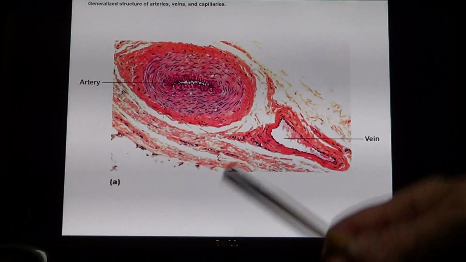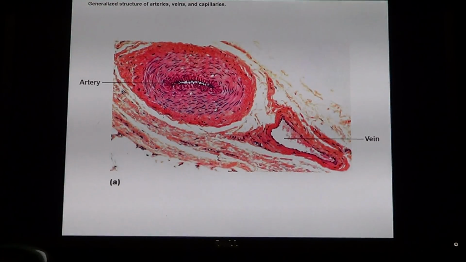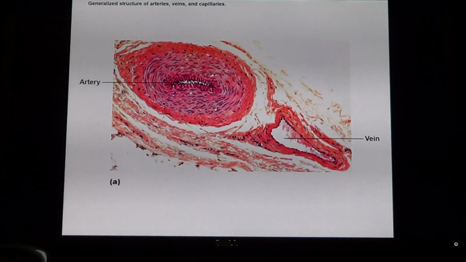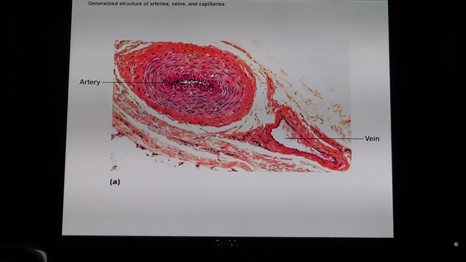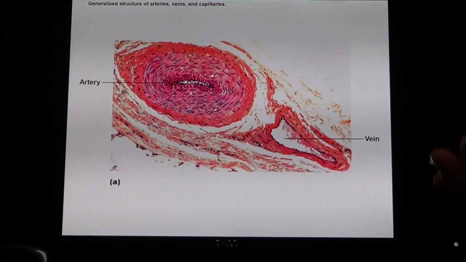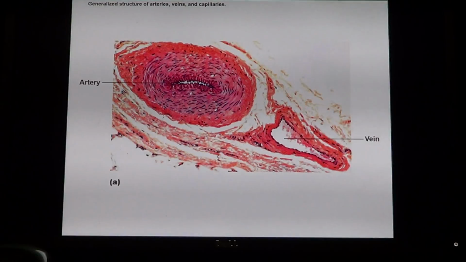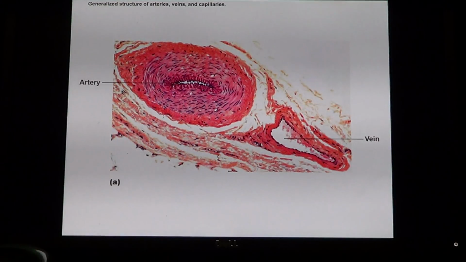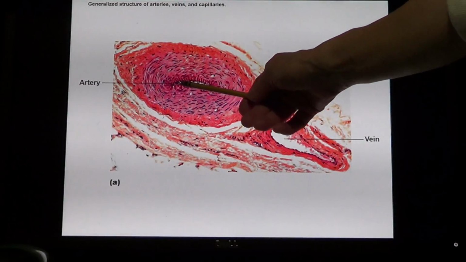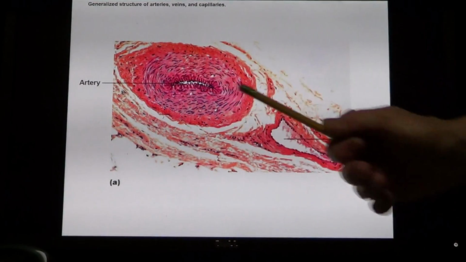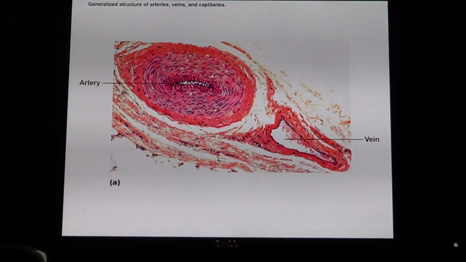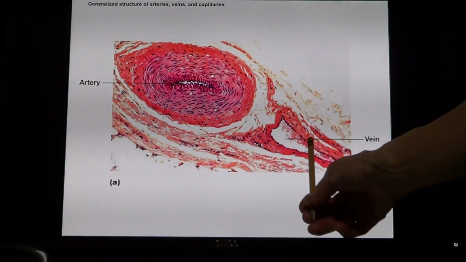What else? Usually veins and arteries are located on the slide next to one another, and so are nerves or lymphatics. What else is interesting, and I'll show you the comparison slides in a little while, but if you look here, you will see ruffled edges of the endothelium on the arterial part of the slide, and nice and smooth endothelium here.